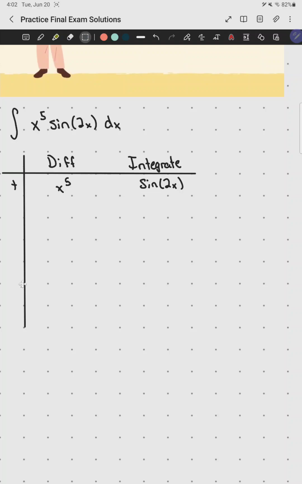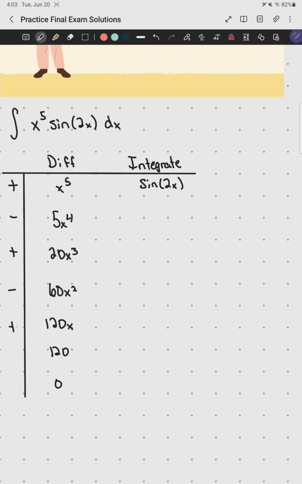I need to give myself some room here because we have a good number of these. 5x to the 4th, 20x to the 3rd, 60x squared, 120x, 120, and 0. I'm going to double check myself to make sure I did that correctly. 60, 120, okay, we're good.